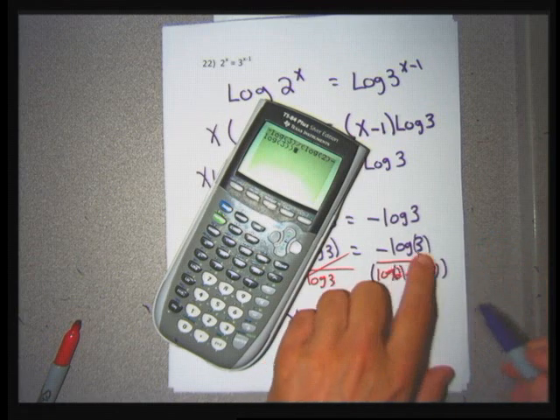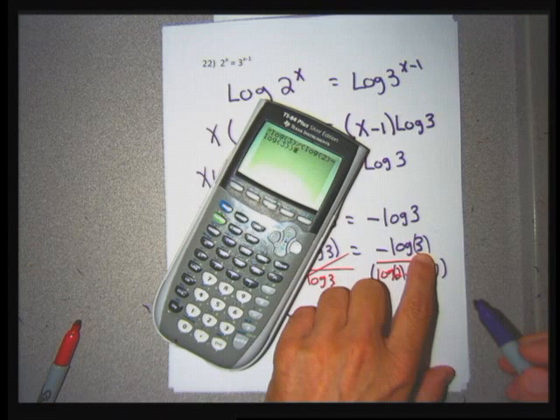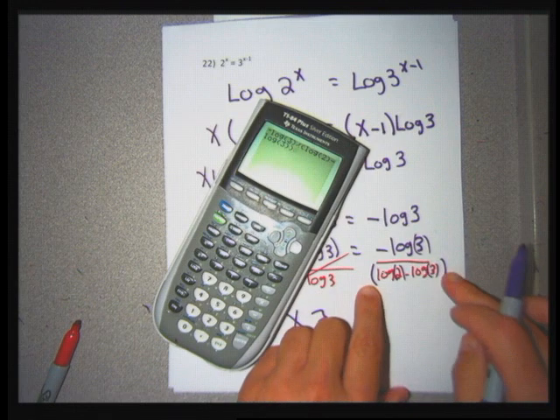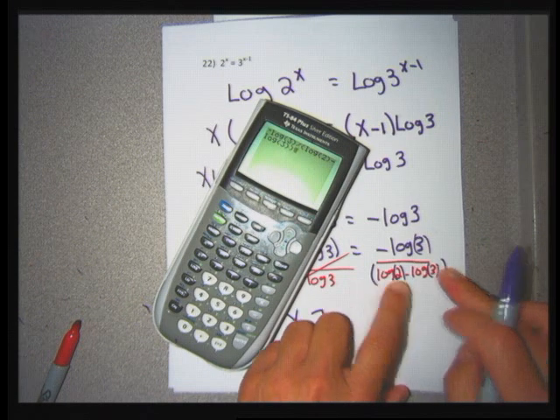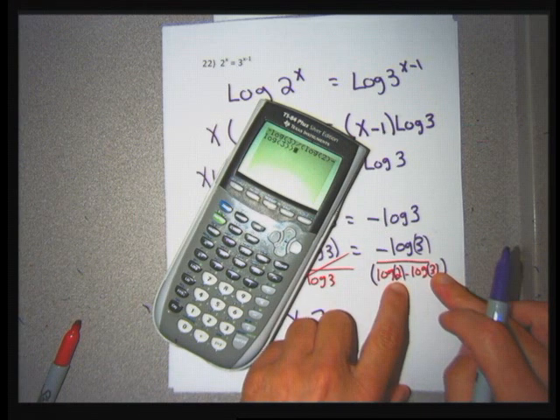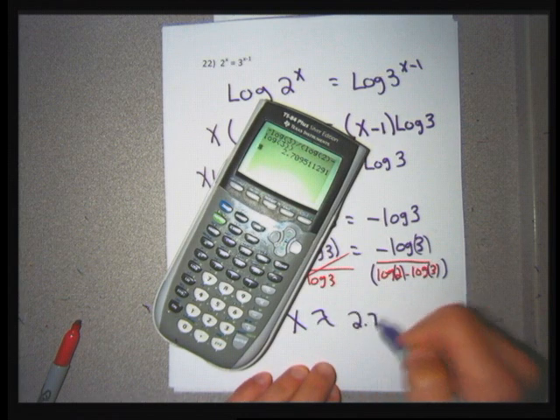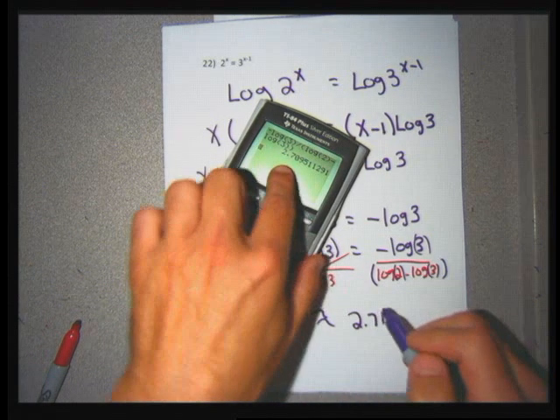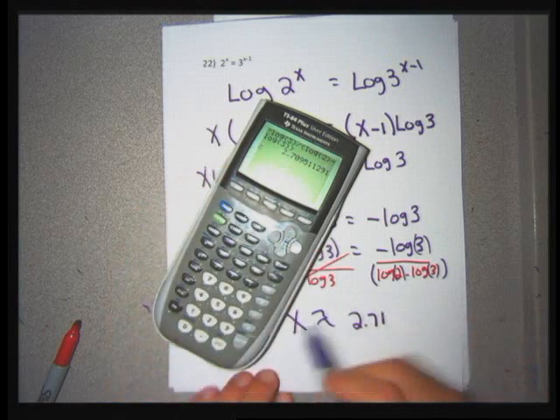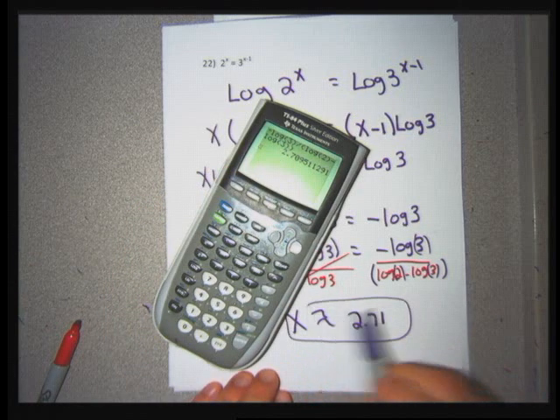I have the log of 3 in parentheses, minus log of 3 in parentheses for the numerator. In the denominator, I have a big parentheses capturing the whole denominator, little parentheses around the 2 and the 3. And when I hit enter, I get, and I'm going to round that to 2.71. It's 2.709. I'm going to say that's my answer, and now I'm going to check it.